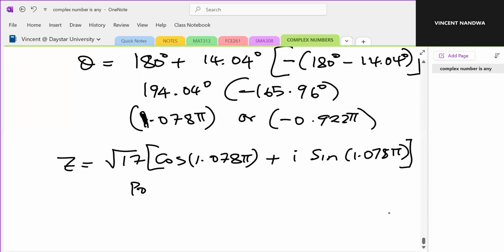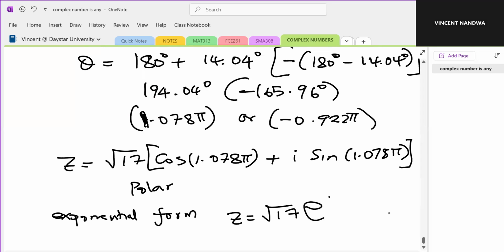So this will be the polar form, while in the exponential form, we'll have Z equals root 17 e raised to the power 1.078 pi I. So that is what that problem will give us.